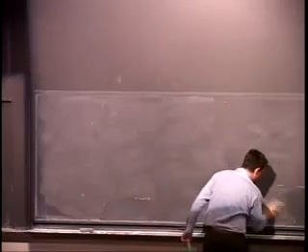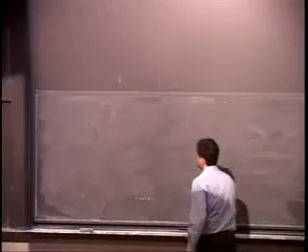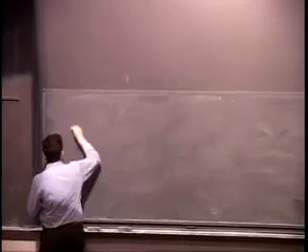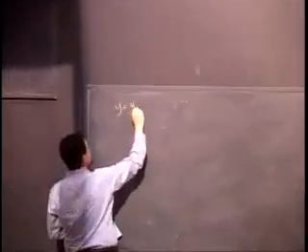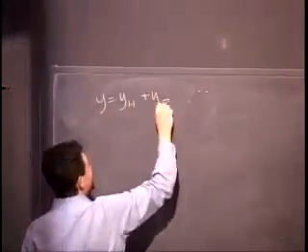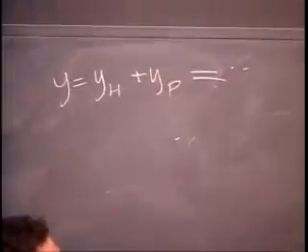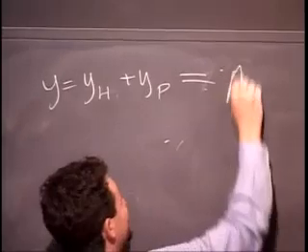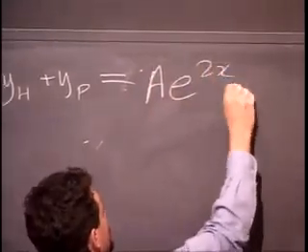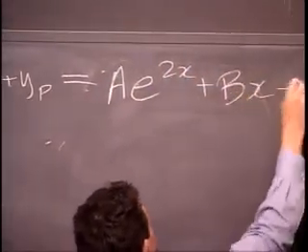All right. Let's finish the problem. All we have to do is write down the answer. y equals yh plus yp. And it seems long ago that we wrote down yh on the top board over there as A e to the 2x plus Bx e to the 2x.